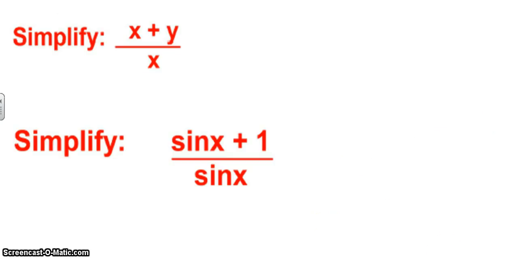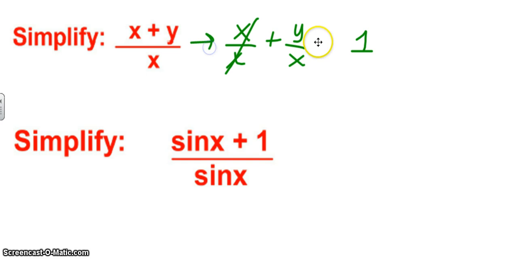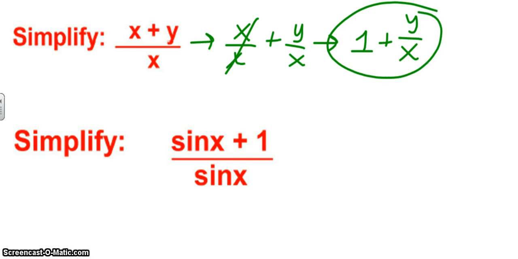Alright. Simplify x plus y, all divided by x. We want to break this up into two separate fractions, so we're not canceling anything too soon. Here, x and x are going to simplify to just be 1. Again, we're carrying these over, not with equal signs. And this will end up being y over x.